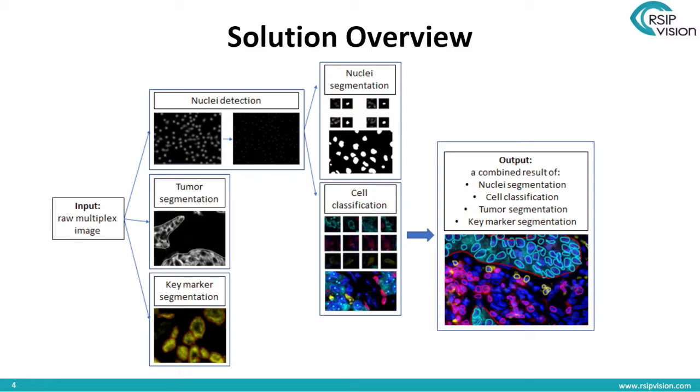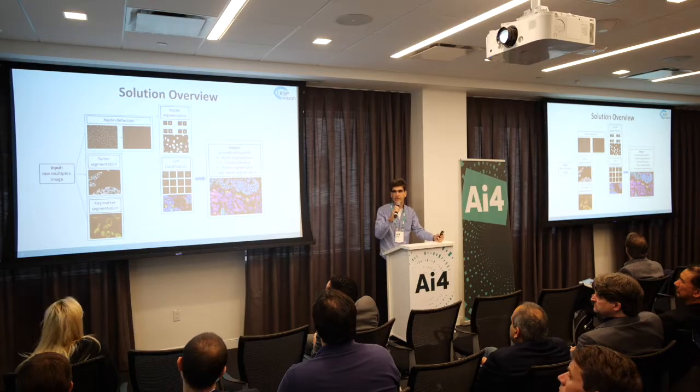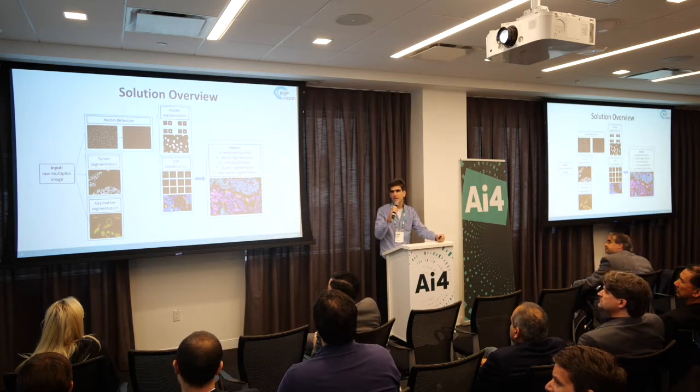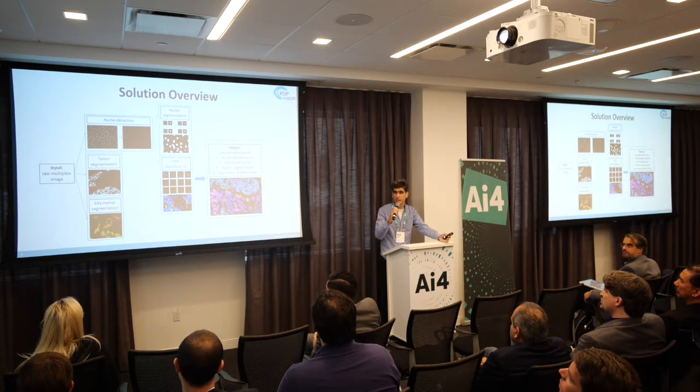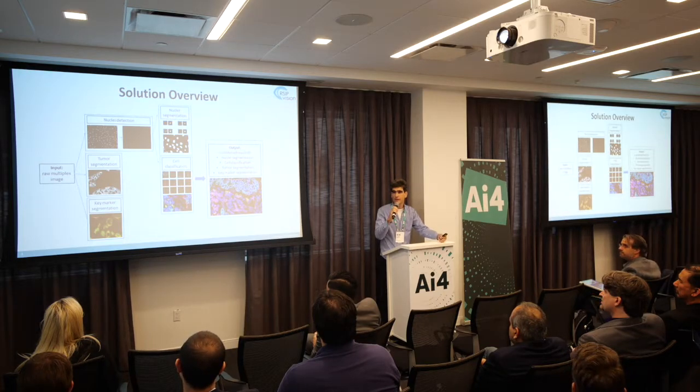Then the first stage, we have nuclei detection, finding where the nuclei are before actually segmenting them and measuring them. In parallel, we do tumor segmentation. That's the second on the left, for the tumor region. That's segmentation, but at a very different length scale. You have key marker segmentation, looking for cytoplasm that's responding on various channels.